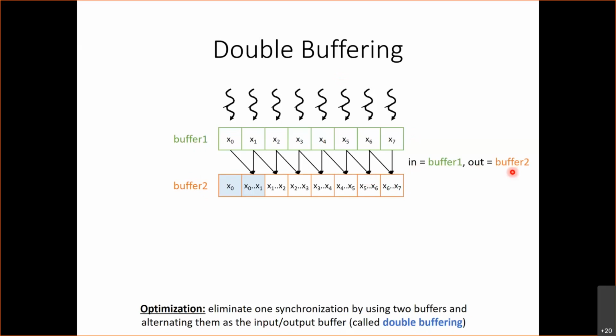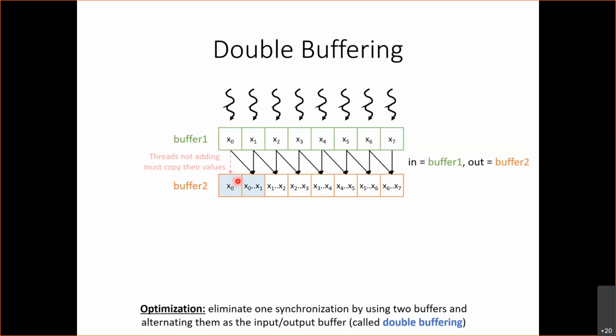Now, one thing you notice here is that later on, I'm going to need x0. And here, buffer 2 doesn't have x0. So when I use two buffers, this thread that was previously inactive will actually have to participate, and it will just transfer x0 from buffer 1 to buffer 2 without doing any addition.